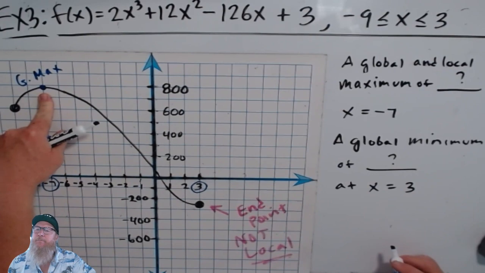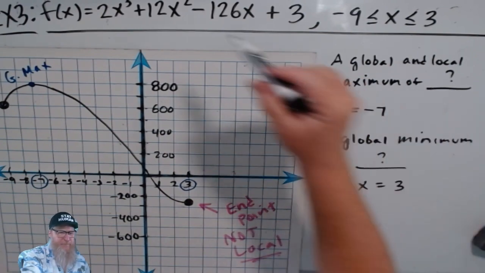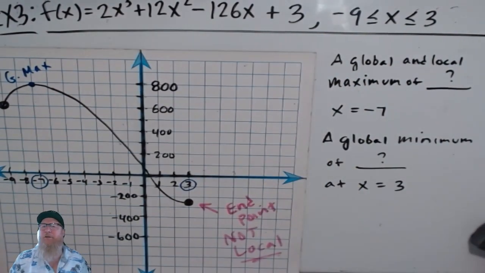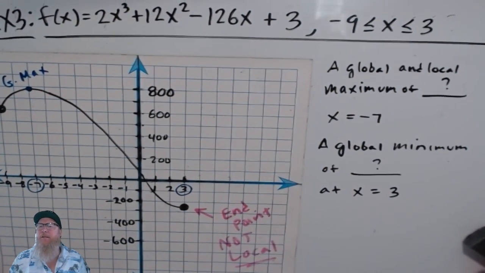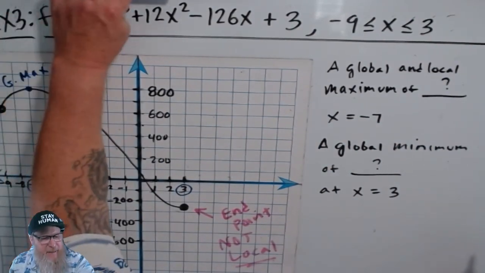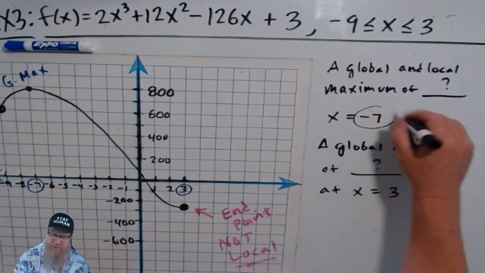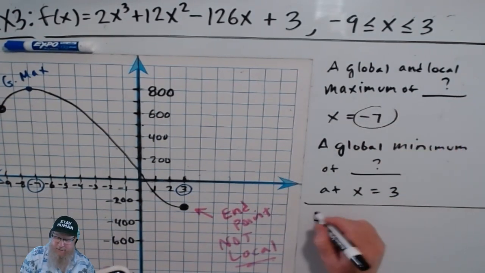So now we want to find the y values. So we'll use the original function here. We'll plug in -7. Do some scratch work down here.